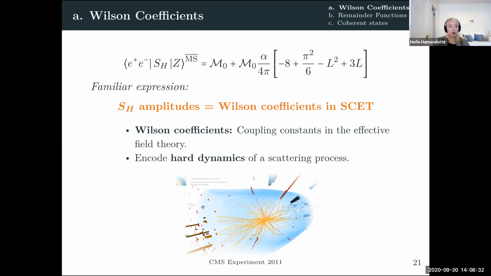Exactly. The way I think about it is that you take your usual QED or QCD fields, and then you basically power expand so that you only keep the soft part or the collinear part, and these are distinct.